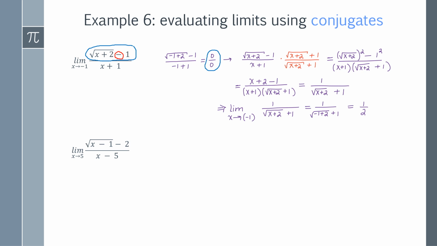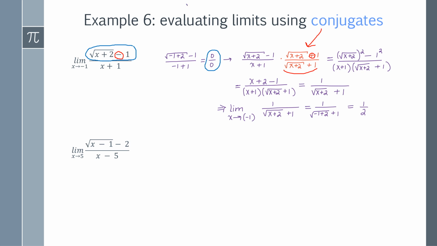Notice what happens here. We get square root of x plus 2 plus 1. We're multiplying the top of this fraction by this sum, and that's what the conjugate refers to. We also have to do the same thing for the bottom in order to preserve our expression, so we're really just multiplying by 1. The reason we do this is the following.